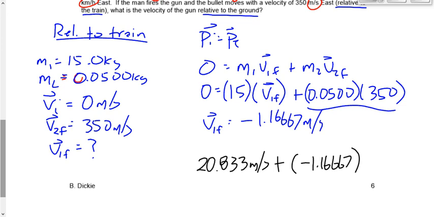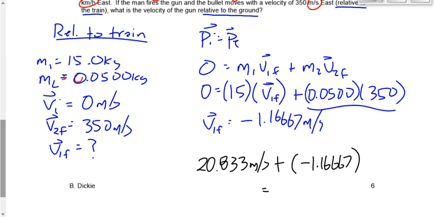The velocity of the train plus the velocity of the gun gives me the velocity of the gun relative to the ground, just like it gave you the velocity of me relative to that store off to the side.